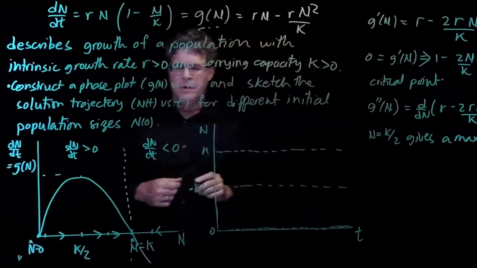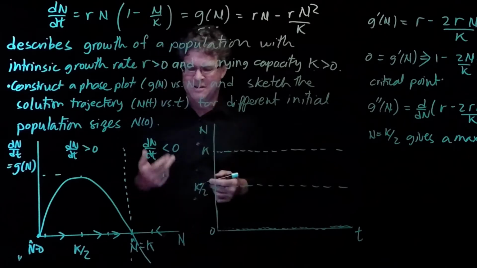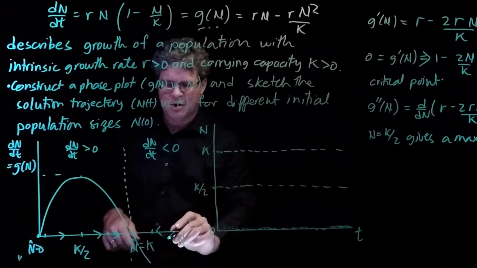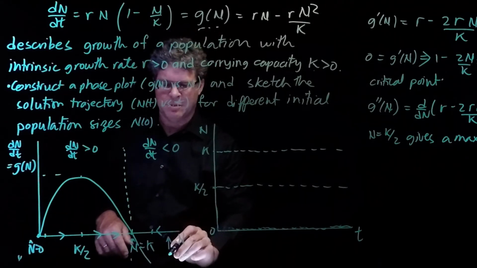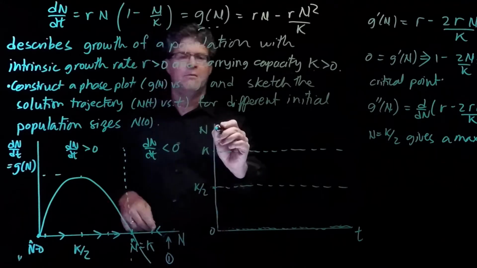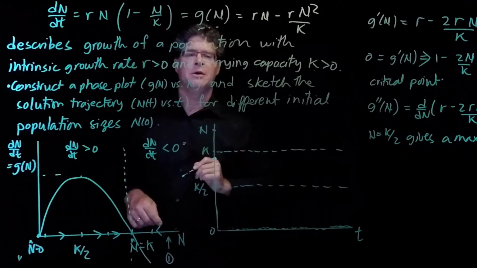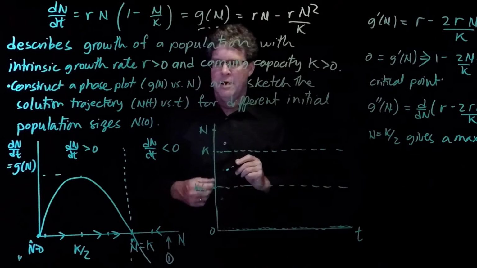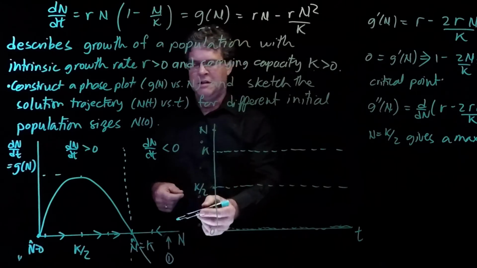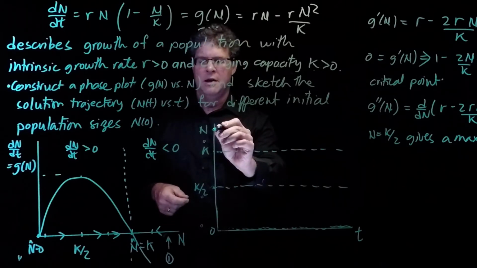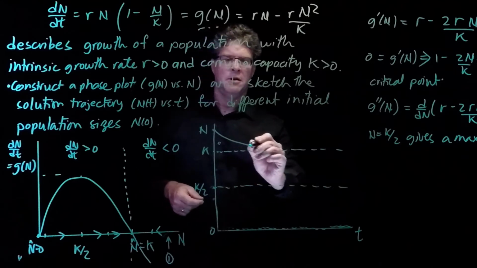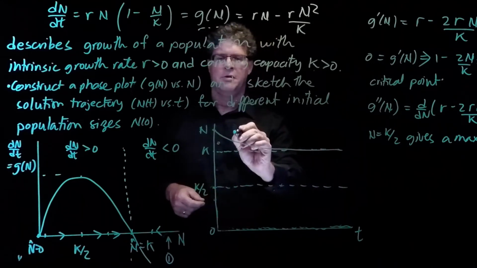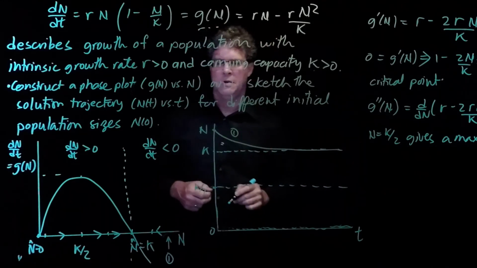Let's consider a couple of different initial conditions. For the first one, we'll start with a value of N that lies above K. If we start off above K, we're up here on this graph. The population will decline because the arrow is moving to the left, and it'll approach the carrying capacity. So this is case 1.